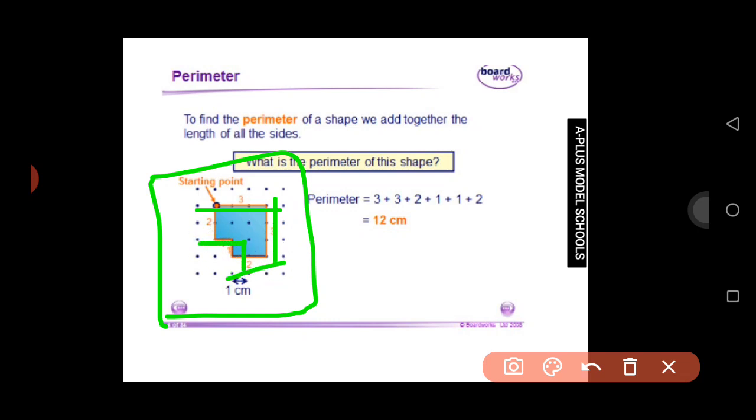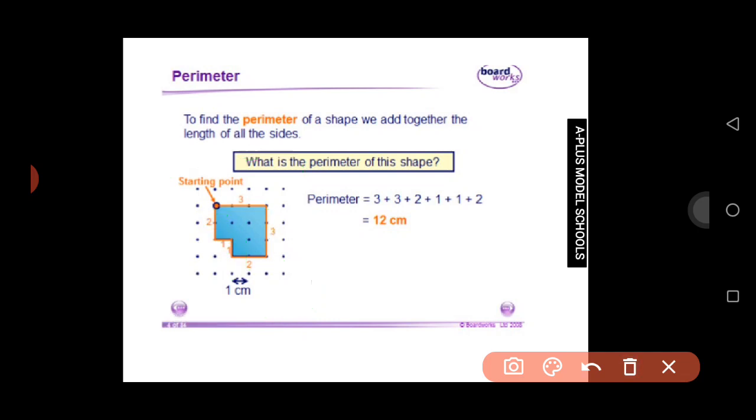Here is 2 centimeter. 1 centimeter. Here is 2 centimeter. So when you add everything together, 3 centimeter plus 3 centimeter plus 2 plus 1 plus 1 plus 2, making 12 centimeter. So the perimeter of this shape is 12 centimeter when you add all the sides in that shape together. So that is what we mean by perimeter.